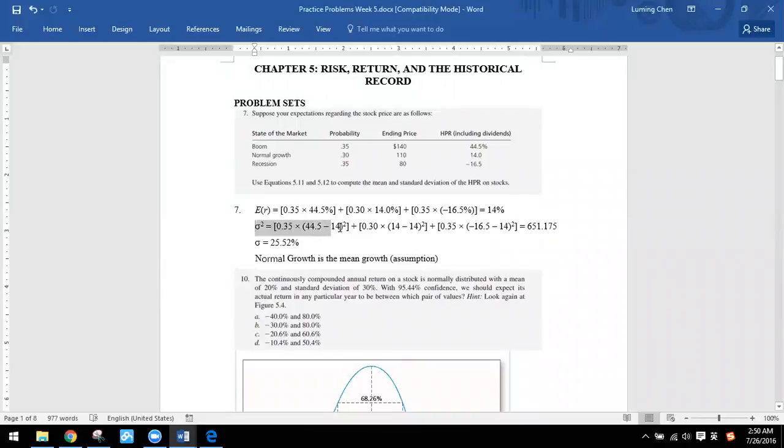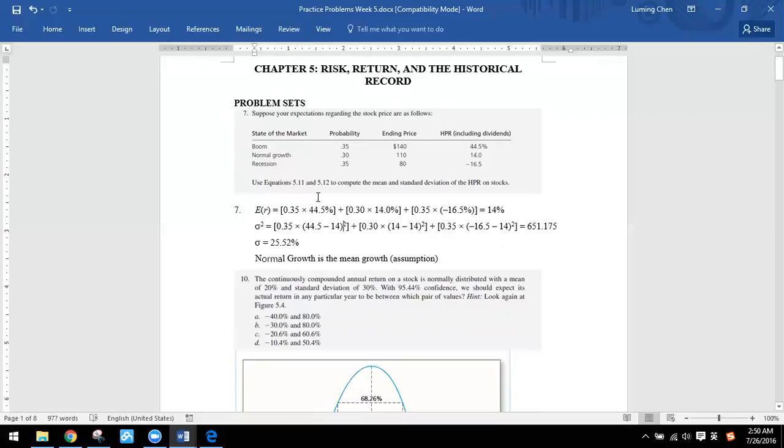The variance, because we assume that the normal time is the mean, so the mean return is 14%. And then we re-weight the variance with the probability of each scenario.